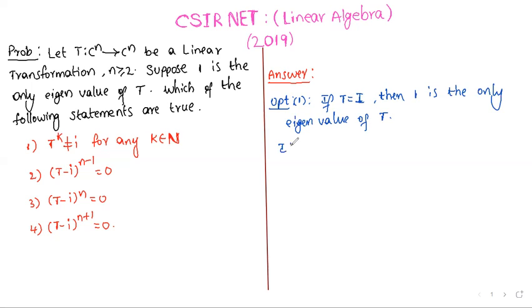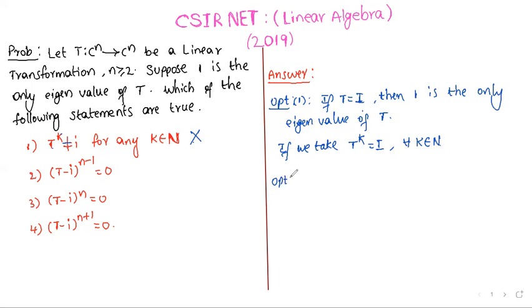If we take T^k equal to I for all k belonging to the natural numbers, it satisfies the condition. With k equal to 1, T is equal to I. So here T^k is equal to I is possible, and therefore option 1 is wrong.